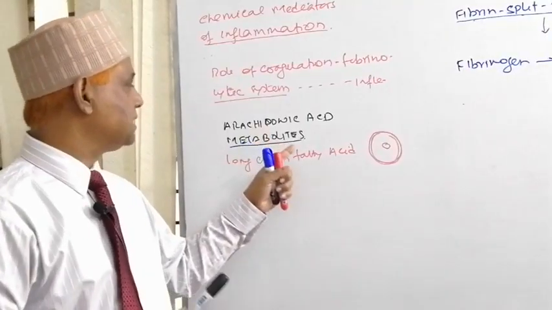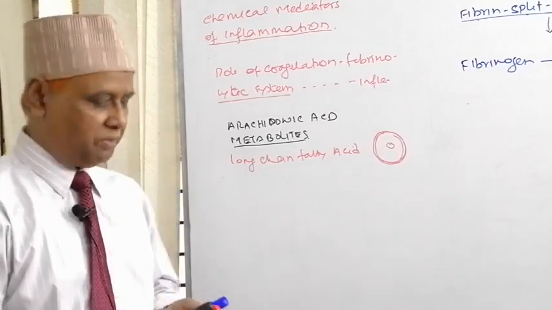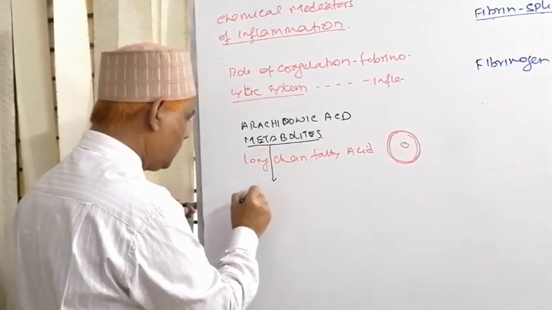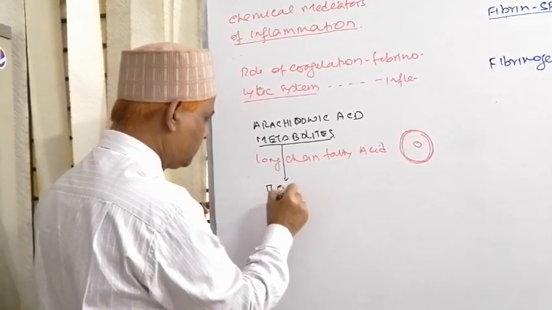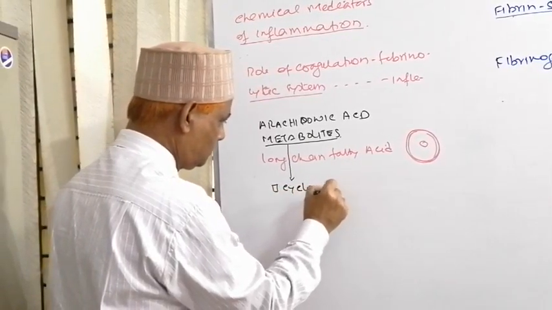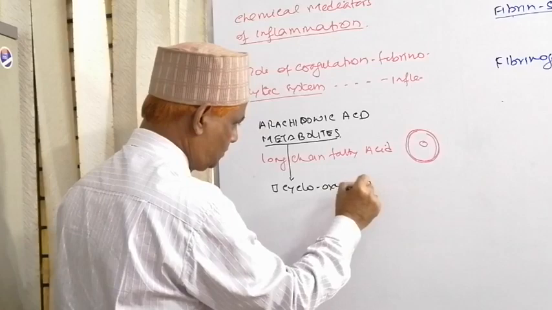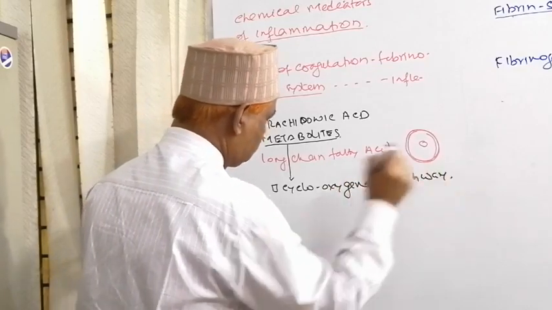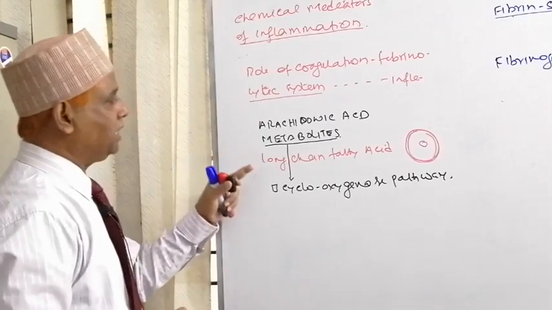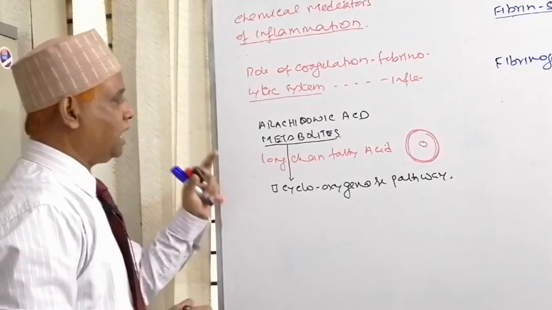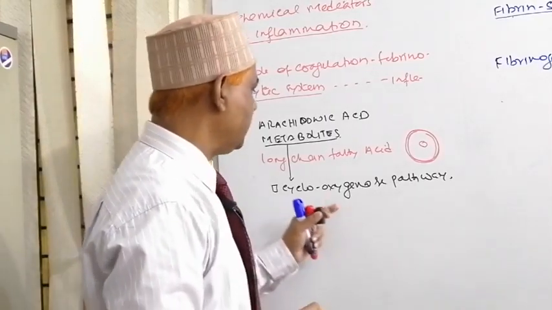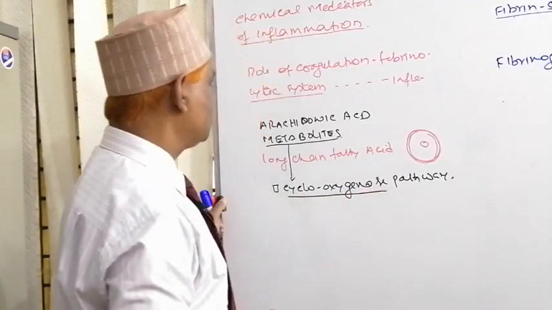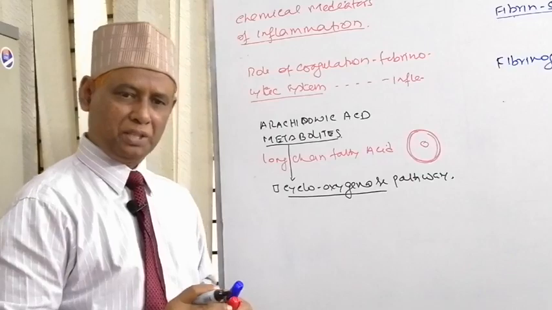This arachidonic acid undergoes metabolism. There are two ways of metabolism. One is cyclooxygenase pathway. When arachidonic acid, the long chain fatty acid, undergoes metabolism with the help of enzyme cyclooxygenase, such type of pathway is called cyclooxygenase pathway.